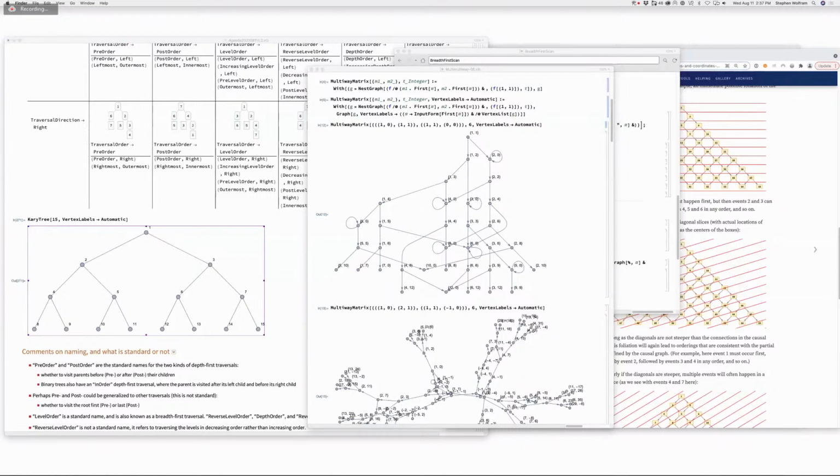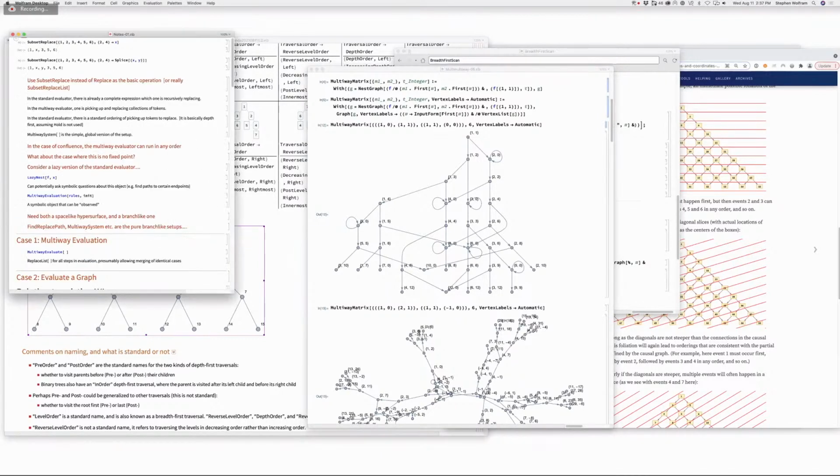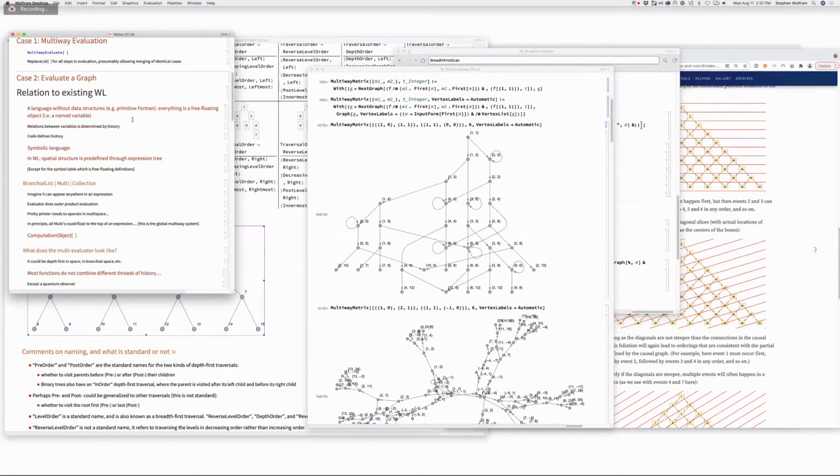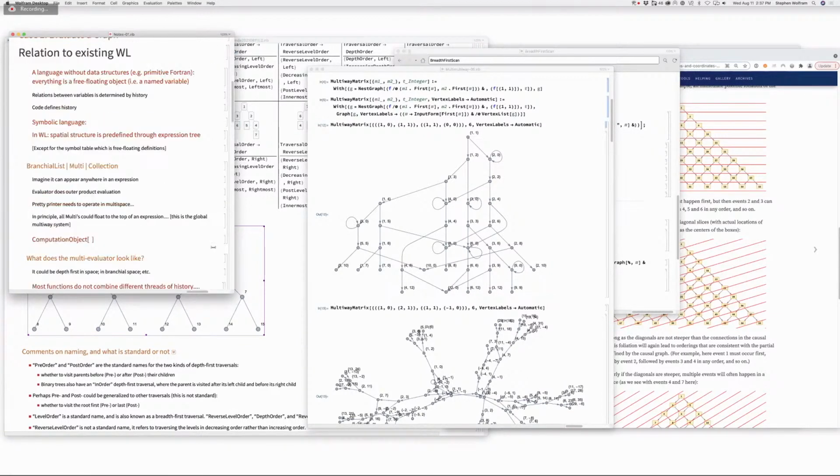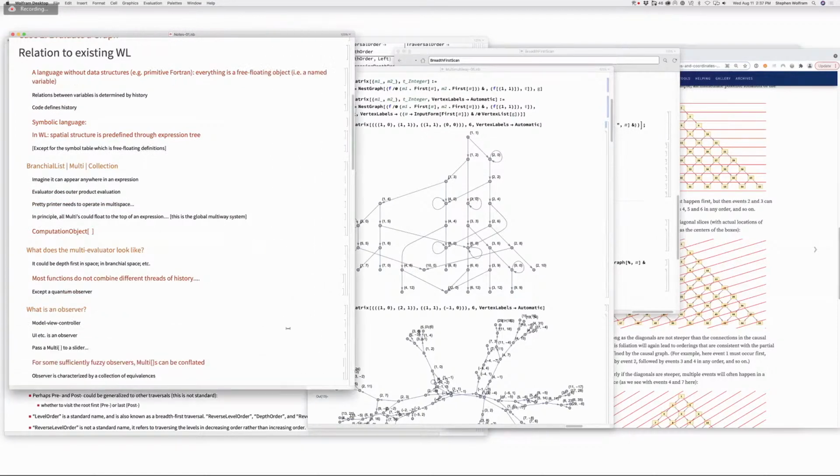I'll show you an example of, let's see. Okay, so the basic notion here is potentially of a computation object.